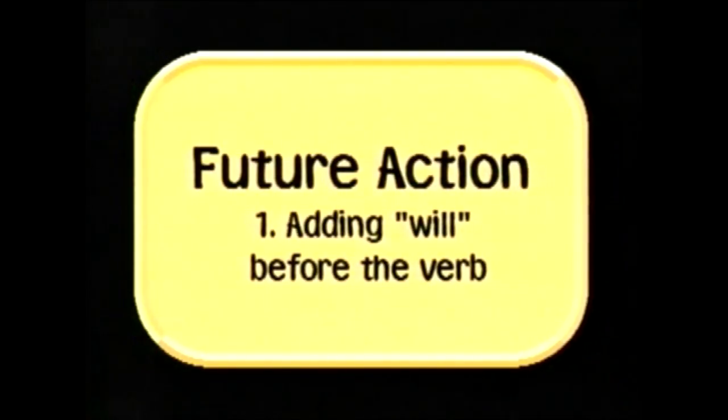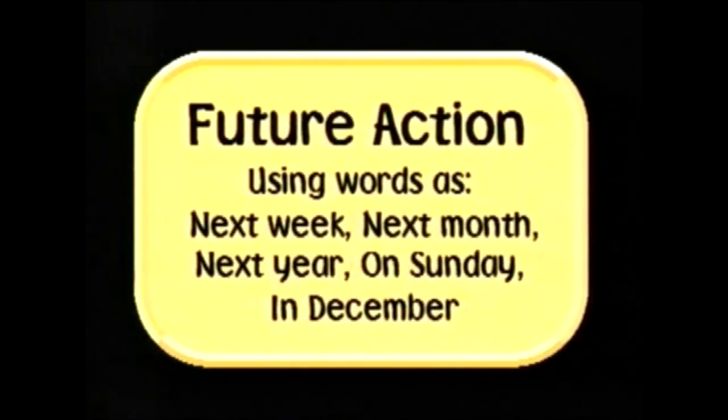Describing future action. Future action is generally shown, one, by adding will before the verb, as in will sing, will read, will give, will wash. And number two, by using similar words as next week, next month, on Sunday, in December.